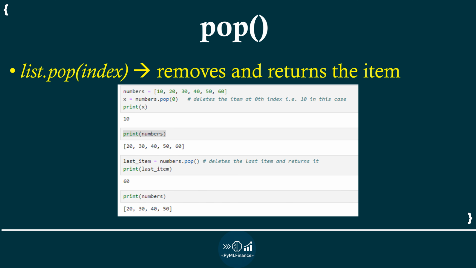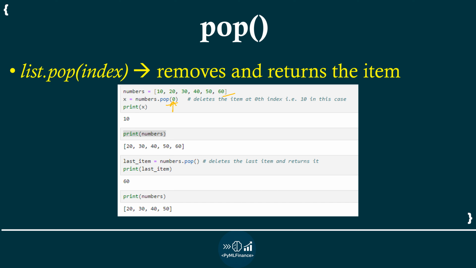One more method of list is pop. This pop method is used to remove an item from the list, and it also returns the removed value. You can see here the list, and we are trying to pop. You pass the index value from where you want to remove the element, 0.